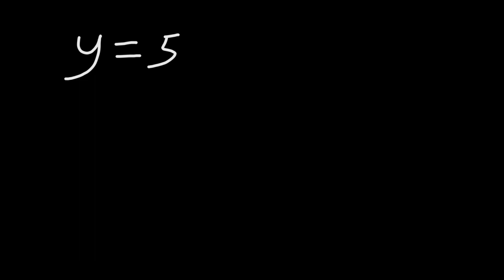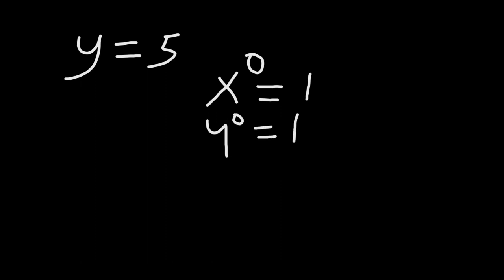But we know that any number exponent 0 is equal to 1. Therefore, s exponent 0 gives 1, y exponent 0 gives 1, 4 exponent 0 will be 1. So anything exponent 0 is equal to 1.